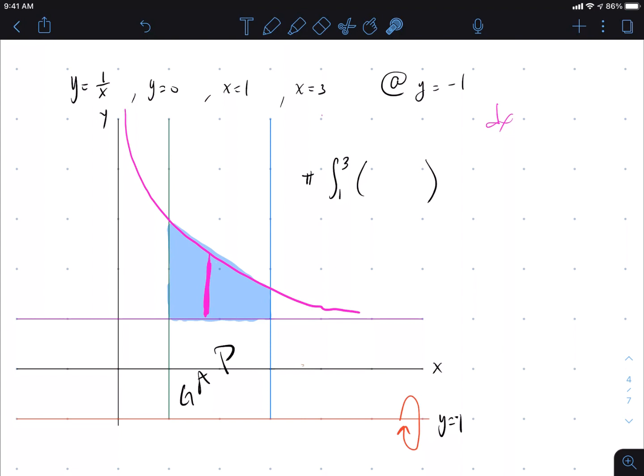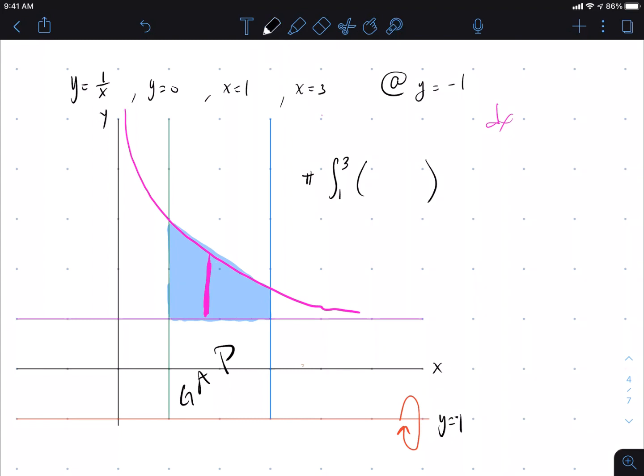Cool. I see your mistake. Isn't the 1 over x the distance from the x-axis to here? Right? So this distance is 1 over x plus the 1.